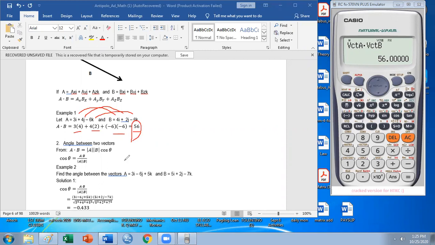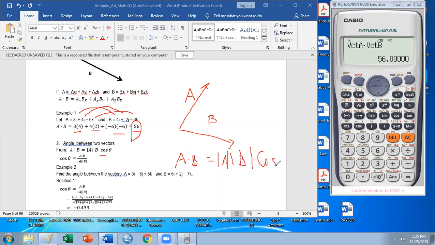Usually, the use of the dot product is to determine the angle between them. If you remember, this is A, and that is B. So what is its definition? A dot B is the magnitude of A, magnitude of B, cosine of theta.